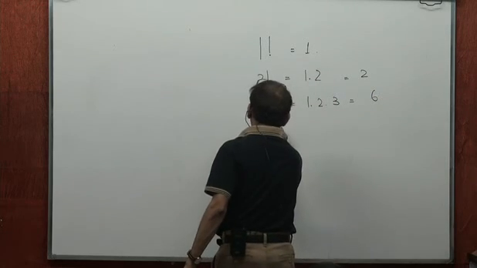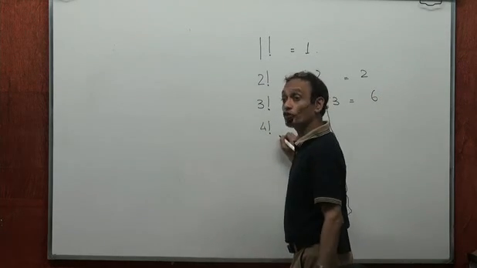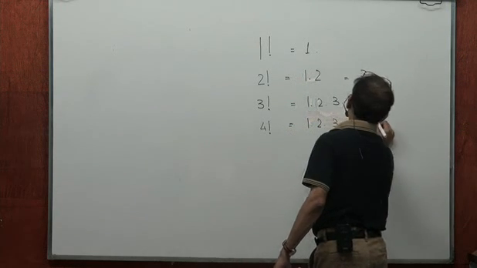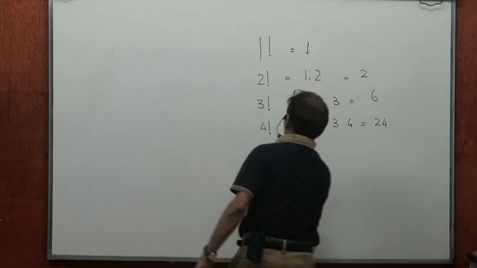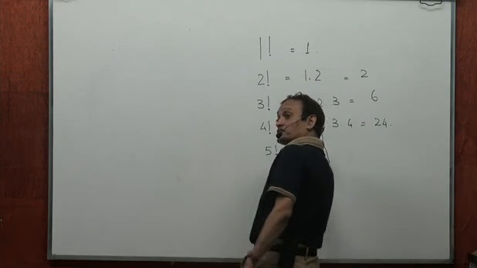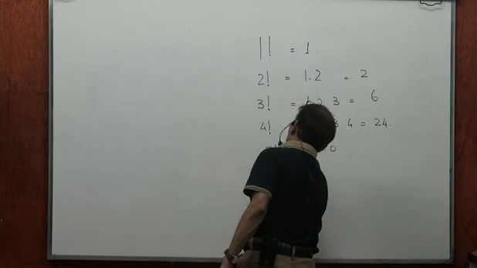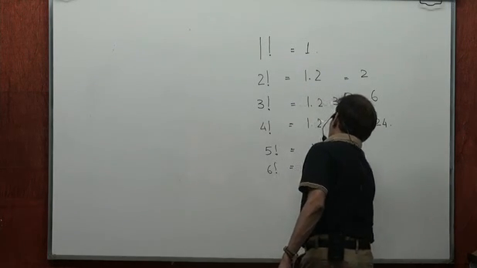When I talk of 4 factorial, it's 1 into 2 into 3 into 4, which is 24. When I talk of 5 factorial, product of the first 5 natural numbers, that will be 120. When I talk of 6 factorial, that makes it 720, and so on and so forth.